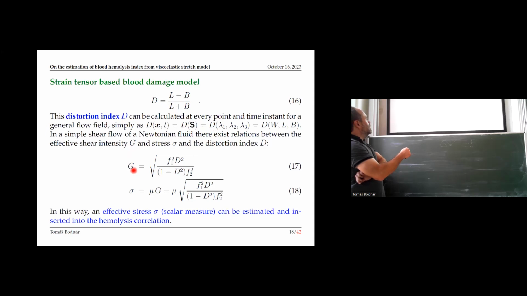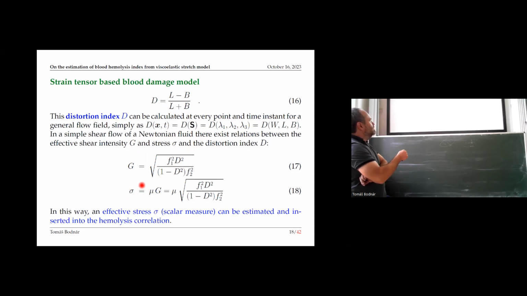And then you can go backwards. So if somebody gives you the tensor S, you can calculate the eigenvalues. Then using this simple assumption of simple shear, you can go back to calculate explicitly the shear rate. And this is what you can use to estimate the scalar measure of stress for your model.